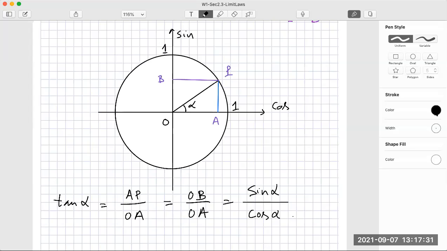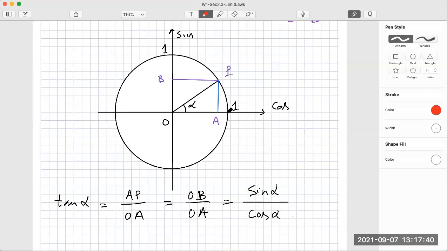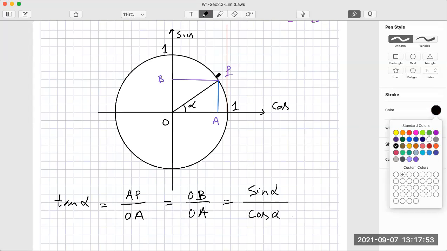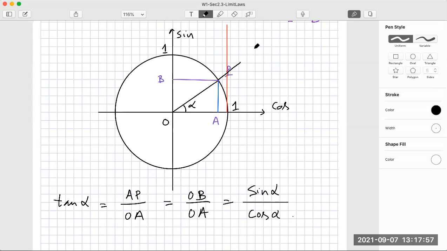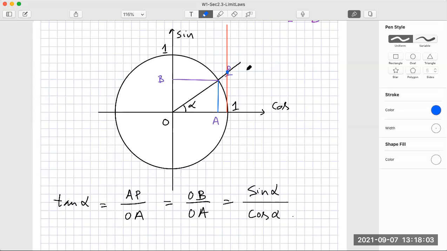Now, look at this line. If we draw a line parallel to the axis AP, imagine this line continues going straight this way, and it cuts here at the point, let us call it M. We're not done yet.